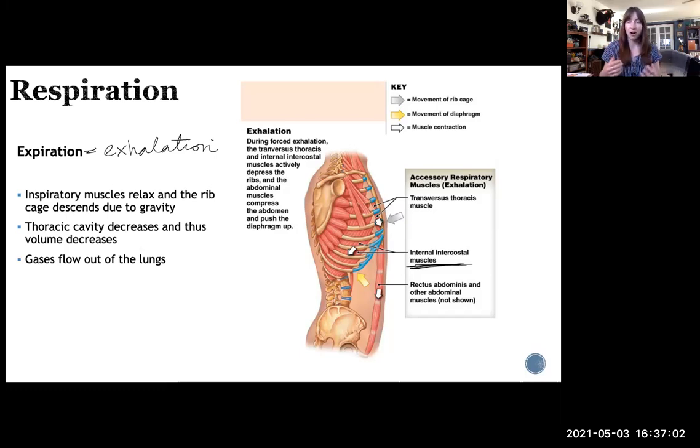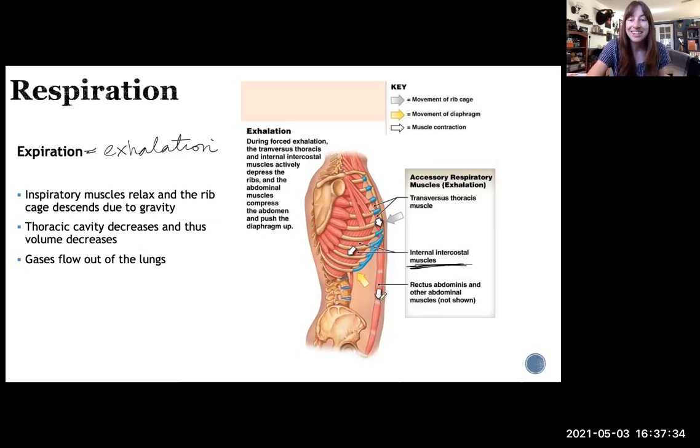If you're working a little bit harder than that, then you're using your external intercostals and your internal intercostals to expand the thoracic cage and pull the thoracic cage closed. So you got that as well going on. It's the external, which is opening the thoracic cage, and the internal, when they contract, they pull the ribs together.